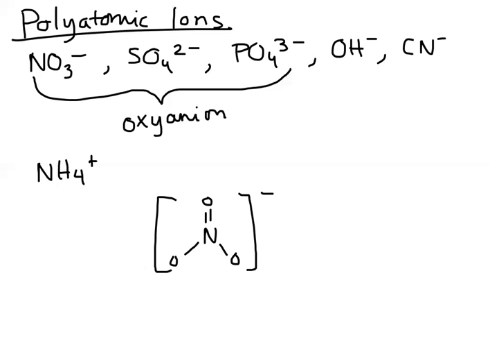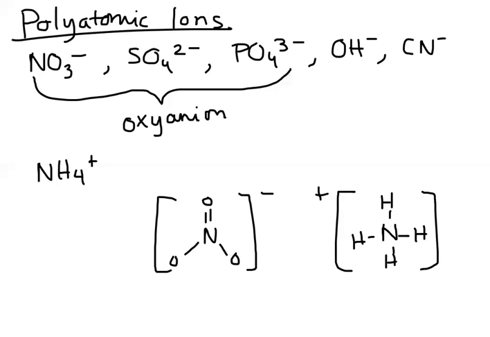And then, for example, we could have N, H, H, H, H. And these two could very well form an ionic bond between the positive and the negative. Okay, so that's what's going on in a polyatomic ion.